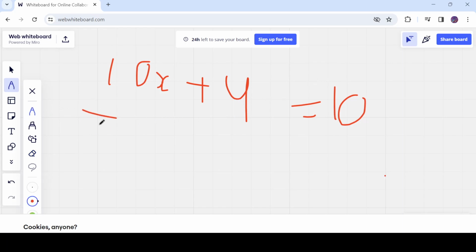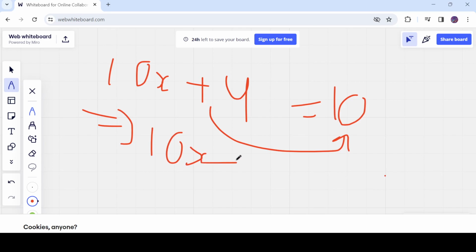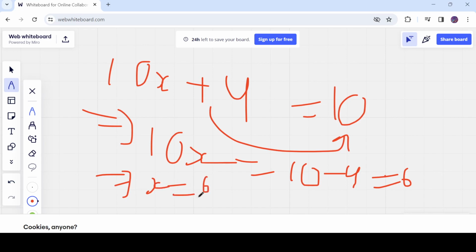So now, by the law of transposition, I'll move this side, and I'll get 10x is equal to 10 minus 4, which is equal to 6. And now to find the value of x, again by the law of transposition, x is equal to 6 upon 10, which is 0.6. Simple and easy.